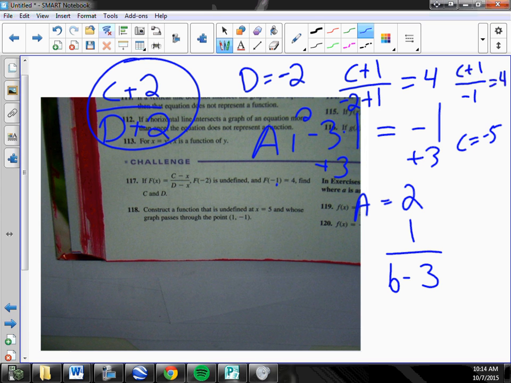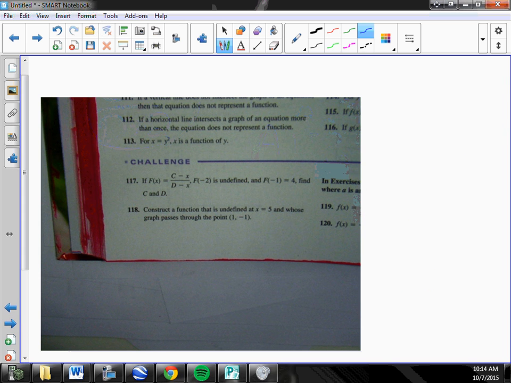Okay, 118. Construct a function that is undefined at x equals 5 and whose graph passes through the point 1 comma negative 1. How did you do that? So start with that.